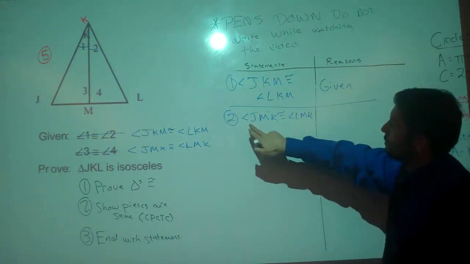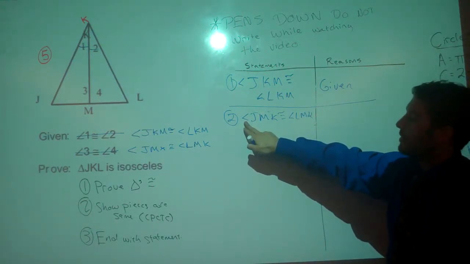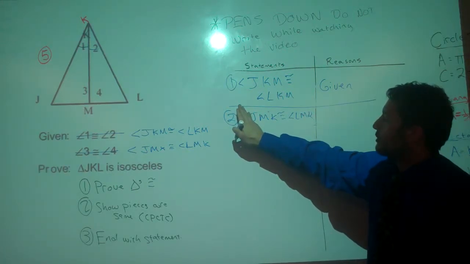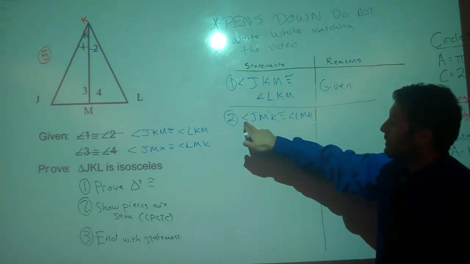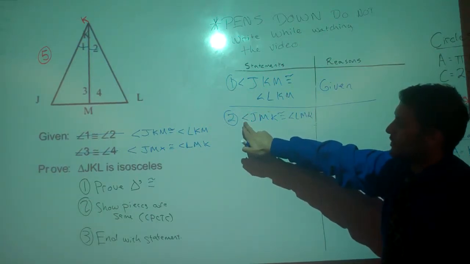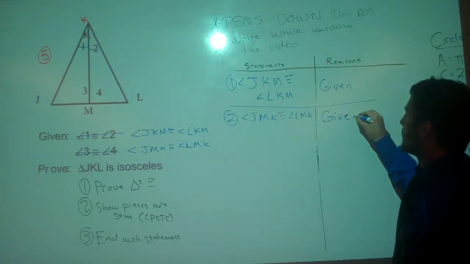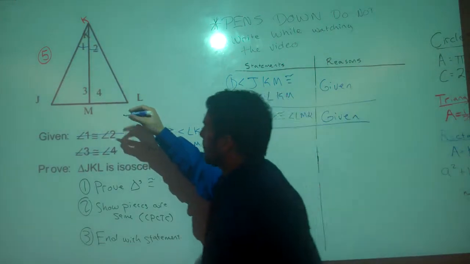I'd like to remind you, you must be using the angle symbols if you want to communicate anything meaningful. If you write no symbol at all, I don't know if you're talking about the triangle or the angle, and it's meaningless. You should be using a symbol for angles when you're talking about angles. You need to be using a symbol for triangles when talking about triangles. Those are our 2 givens.